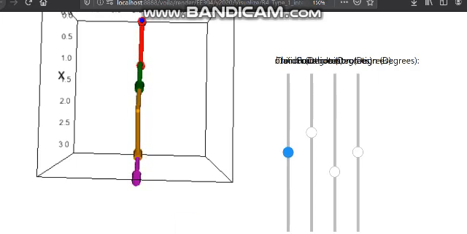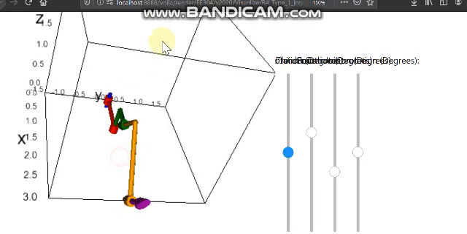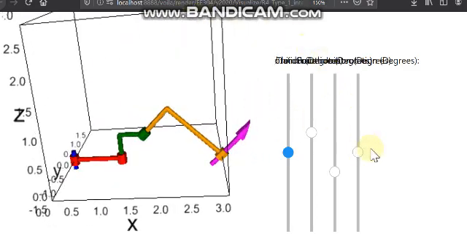It has no component along the x direction, or for that matter, even along the z direction.